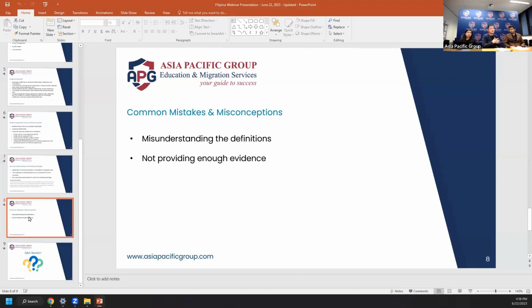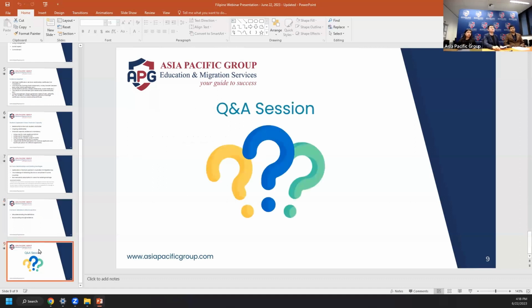We are more than capable of helping you and going through the documents. We will provide you a document checklist, tell you how we think about the relationship, whether it's enough or it has to take longer, and what kind of documents we will present to the case officer. I think we can open the floor to the questions.